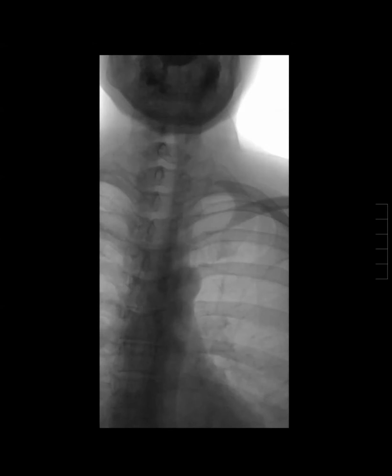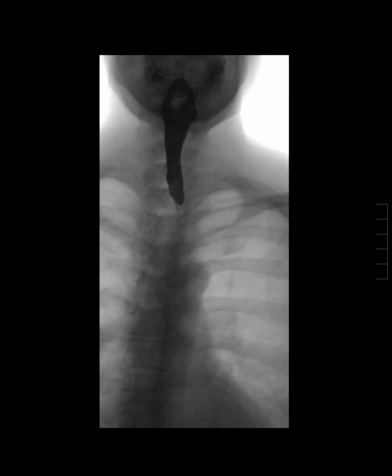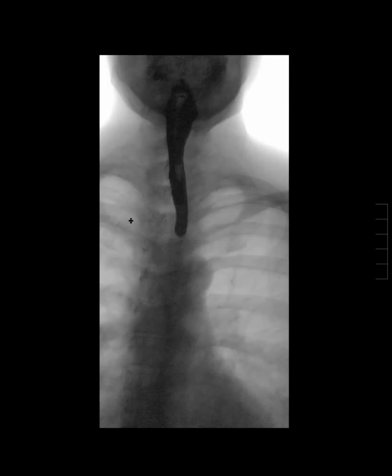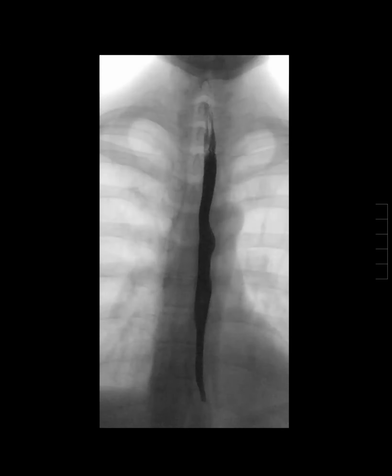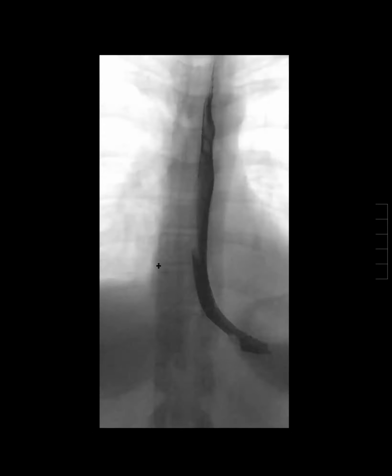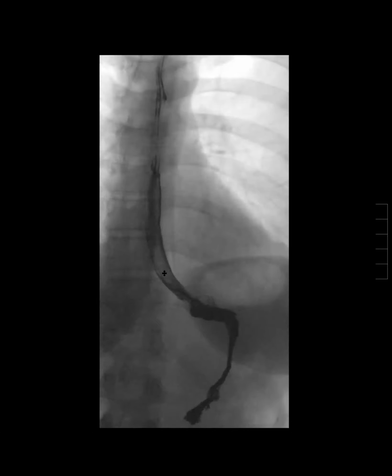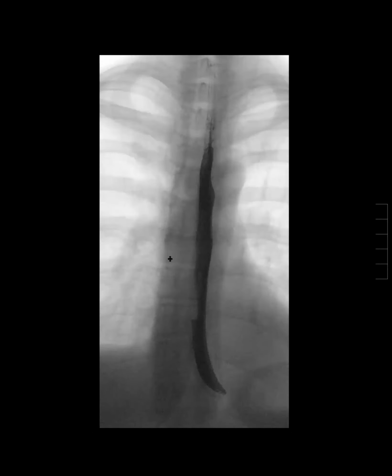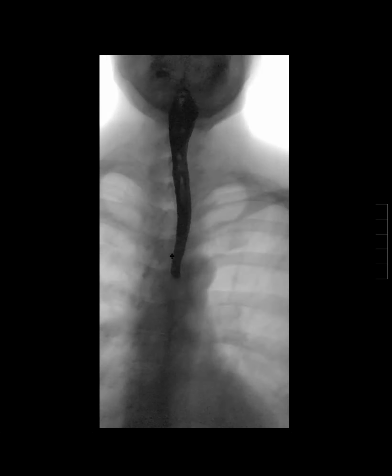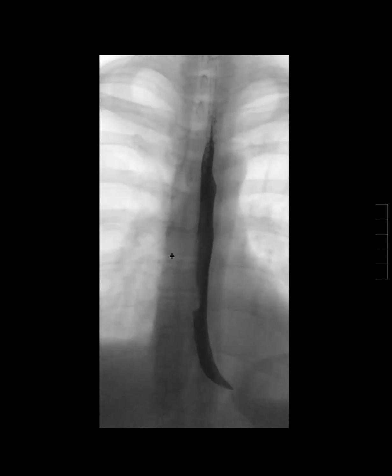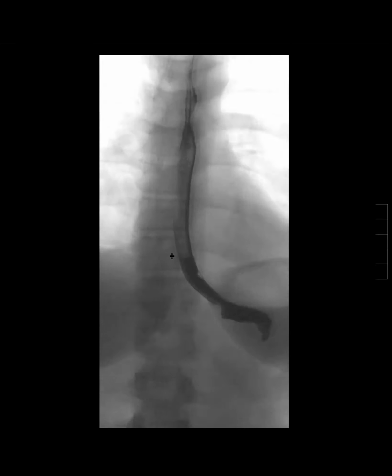Okay. This patient came for dysphagia. Let me pull up. The patient had prior workup, but I'm going to withhold that information because it'll be too revealing for the diagnosis.